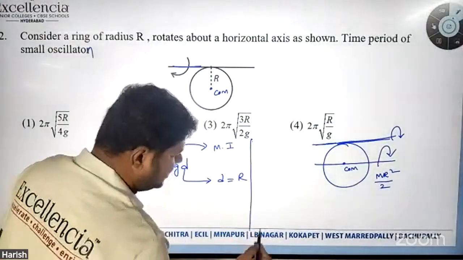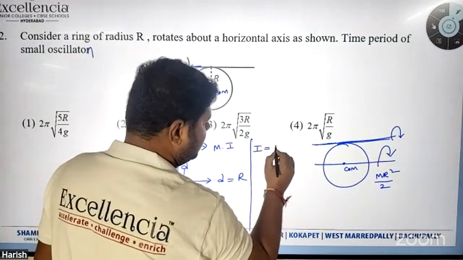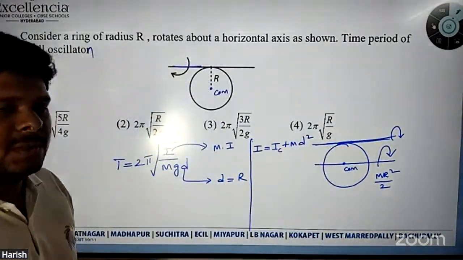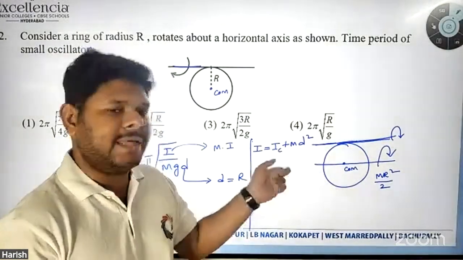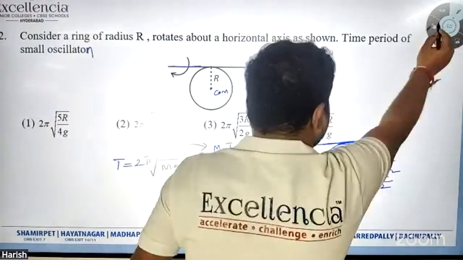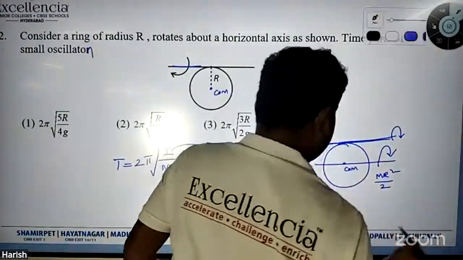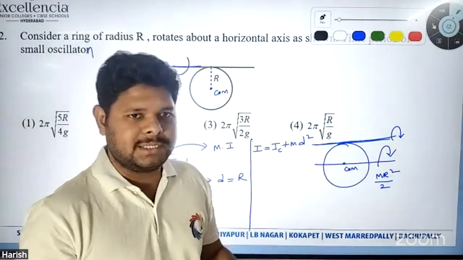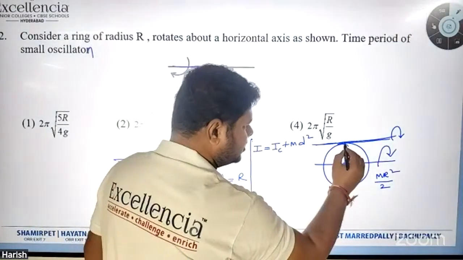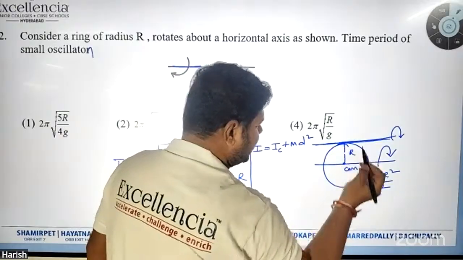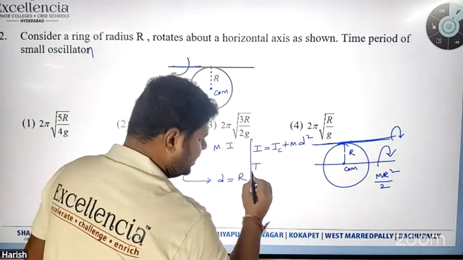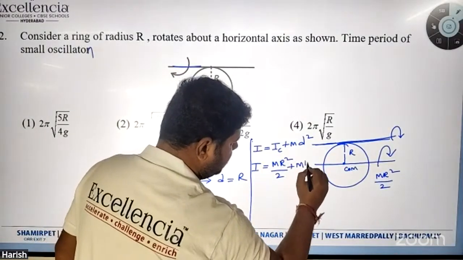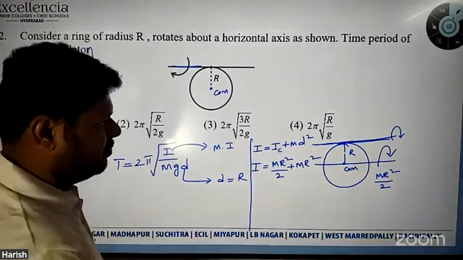From the statement of the parallel axis theorem, we know that I is equal to IC plus M into D square, where IC is the moment of inertia about the axis passing through the center of mass, which is mr square by 2 in this case, and D is the distance between the two axes, which is nothing but R. So by applying the parallel axis theorem, I is equal to mr square by 2 plus m into r square, because d is r here.